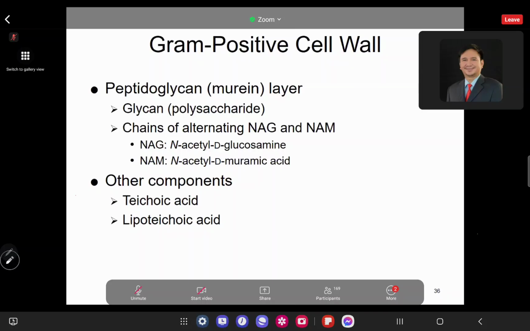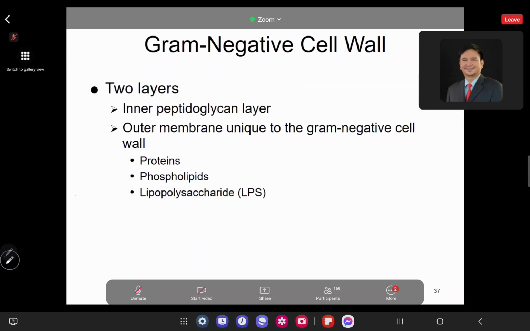to cell wall integrity. Let me underscore again. This thick peptidoglycan layer is responsible for retaining the crystal violet stain. That's the primary stain in gram staining, giving gram-positive bacteria their characteristic color in gram staining.